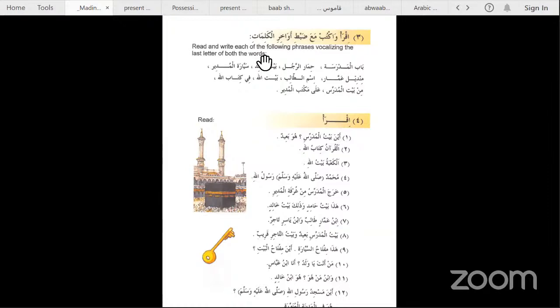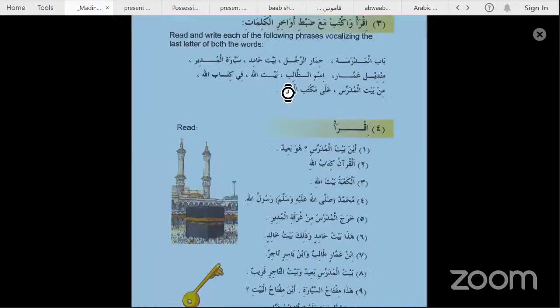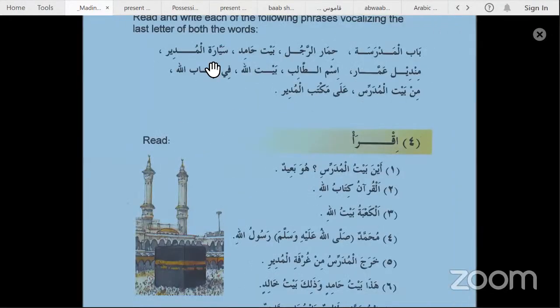Sayyid Abbas Kazmi, I want you to read the same exercise which Batul read. No problem. Babul Madrasati. Correct. Himarur Rajuli. Baytul Hamidin. Sayaratul Mudiri.